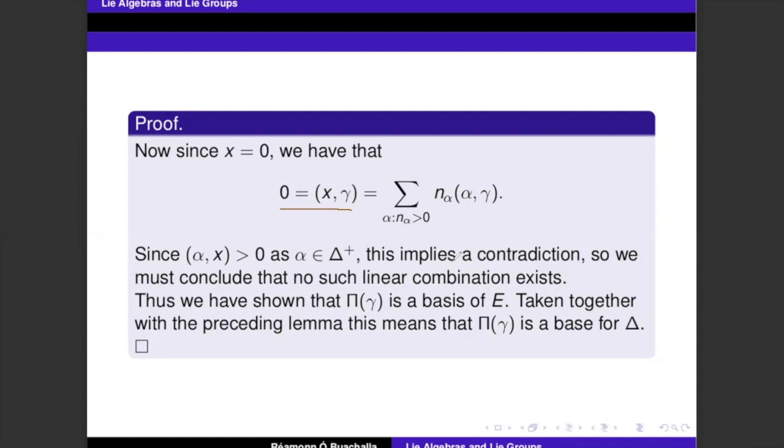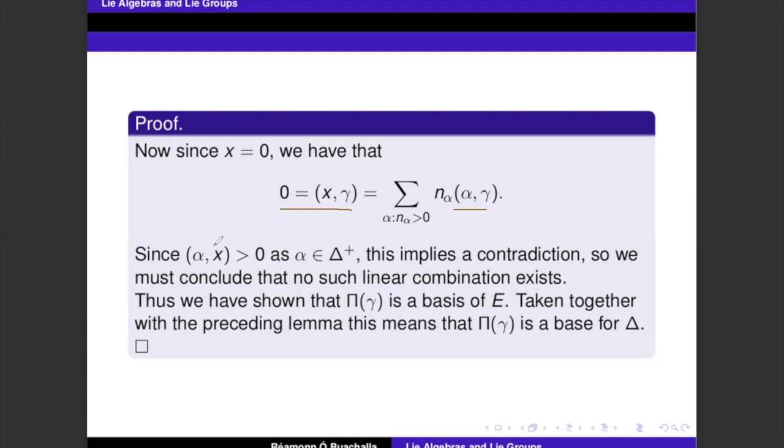In this linearly dependent combination, we're going to assume without loss of generality that all of the coefficients are non-zero, because otherwise it would be trivial. We can remove anything which is 0. Now taking that and putting it into this expression, we get this.